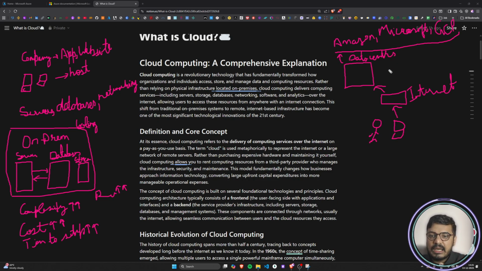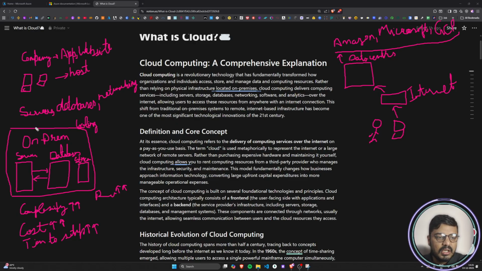And there is not one single data center available. There are multiple data centers available. Here again, if I talk about the on-prem thing, let's say I want to maintain the replication of my data, because any organization will not keep only a single copy of the data. It will replicate its data to prevent any kind of fault.